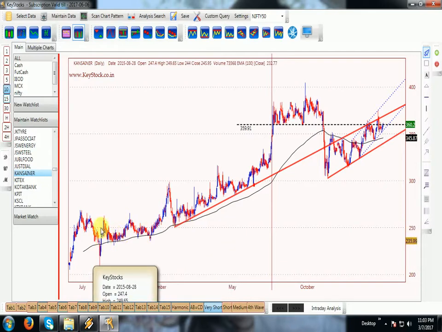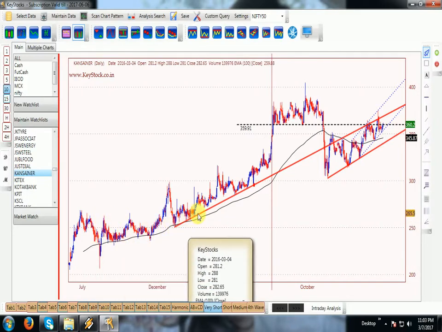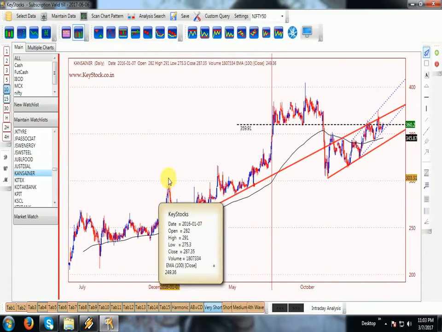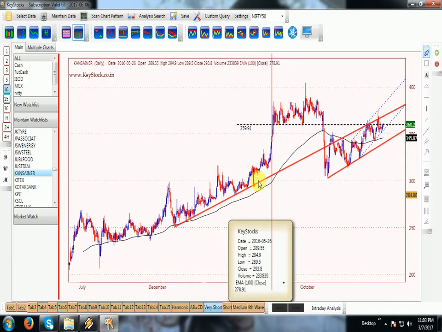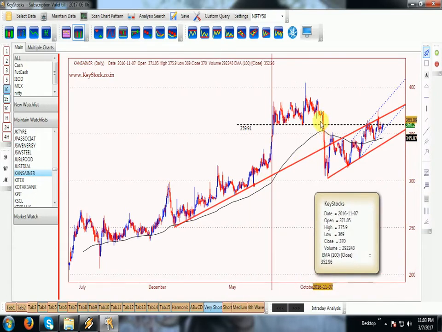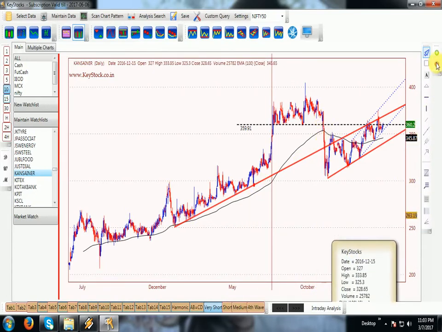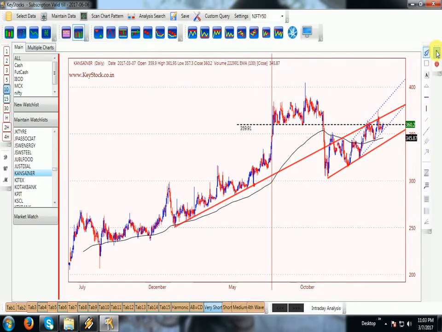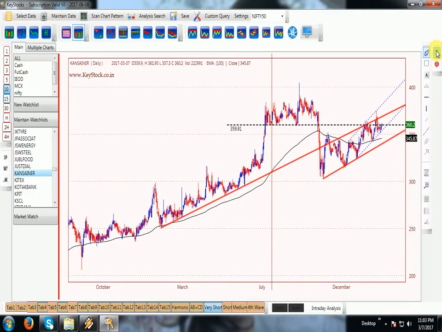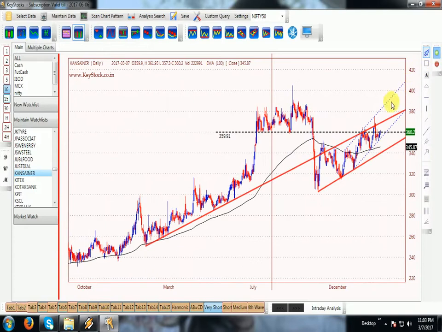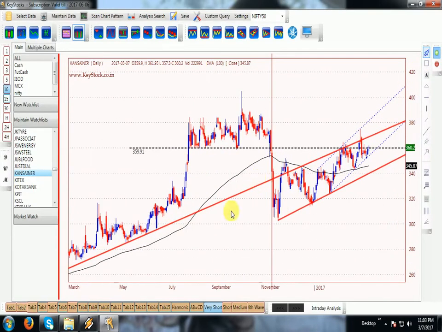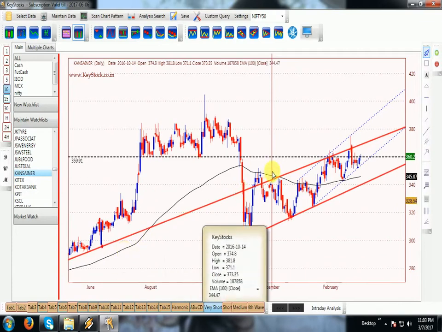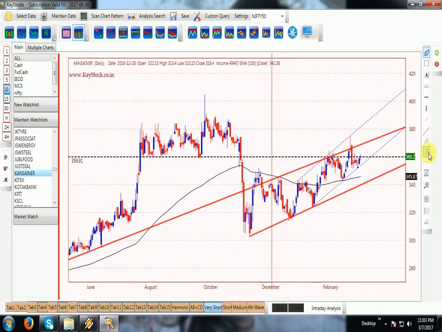There was a strong support on the 100 EMA, meaning whenever this stock comes to the 100 EMA it bounces back very strongly, and here the support level of the 100 EMA was broken and the stock fell down. I have said earlier the price has a memory. So here the support level is now acting as a resistance level. I'll show you by arrow.